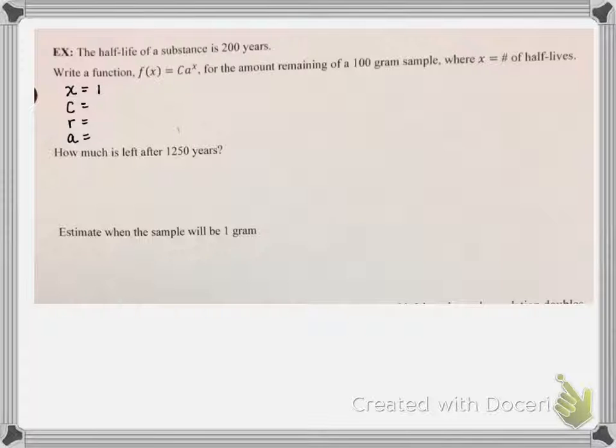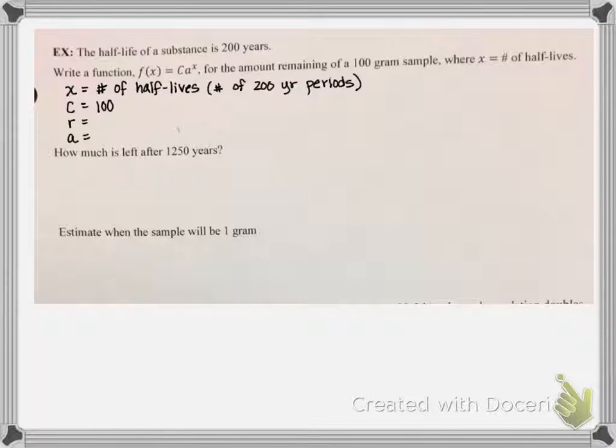So here our x is the number of half-lives. When we say number of half-lives, we just mean the number of 200-year periods. So 400 years would be 2 half-lives, and 200 years would be 1 half-life. C is the original amount we start with, which is 100.